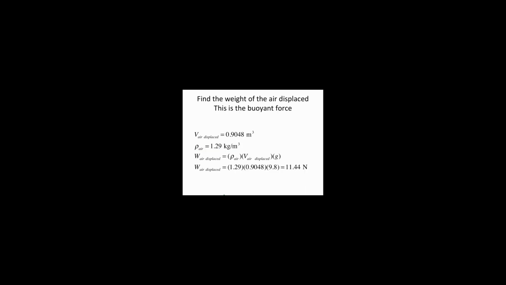Now we'll also use this volume to determine the buoyant force because we need the volume of the fluid displaced, and the volume of the fluid is the volume of the balloon. Okay, so as we said before, the volume of the balloon will be equal to the volume of the air displaced. Now the buoyant force is equal to the weight of the air displaced.